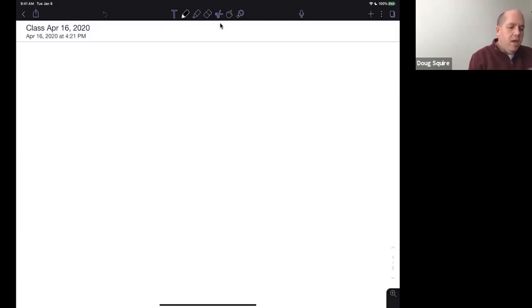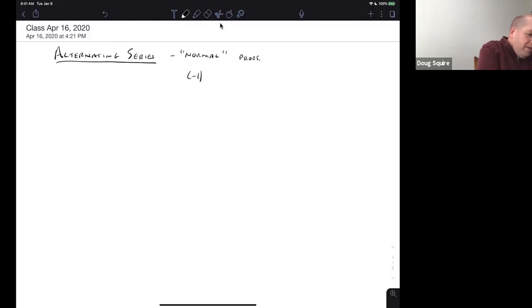We said that in general, when you have an alternating series, the normal problems are ones where you have -1 to the k times all power functions over power functions, or like -1 to the k plus 1 times exponential over exponential.